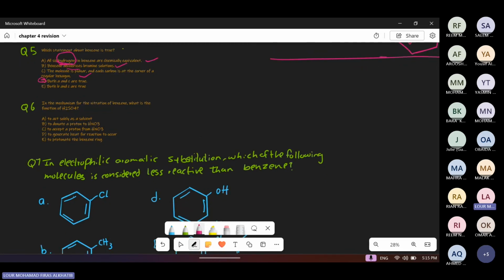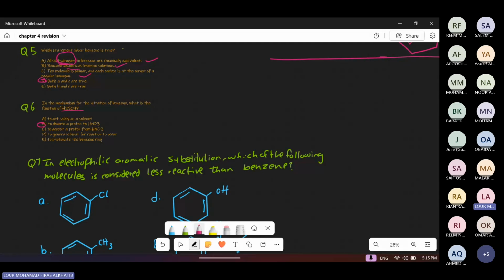Question 6. In the mechanism for the nitration of benzene, what is the function of H2SO4? What do you think the answer is? It donates the proton. Exactly. It donates a proton to HNO3. Why does it donate a proton?